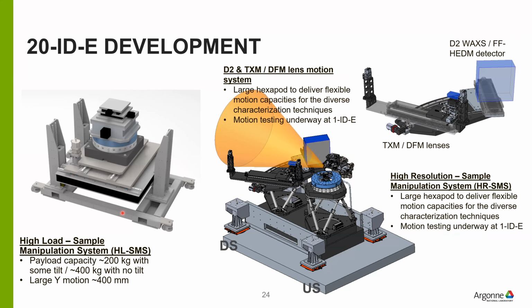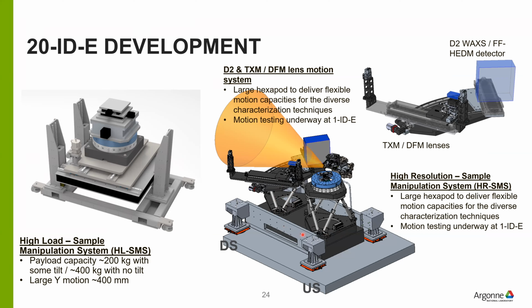A lot of flexibility here, similar to the MTS table that we have at 1IDE. We have the high resolution sample manipulation system and the D2 detector system, which will be the workhorse detector for a lot of our applications, for single detector far field measurements.